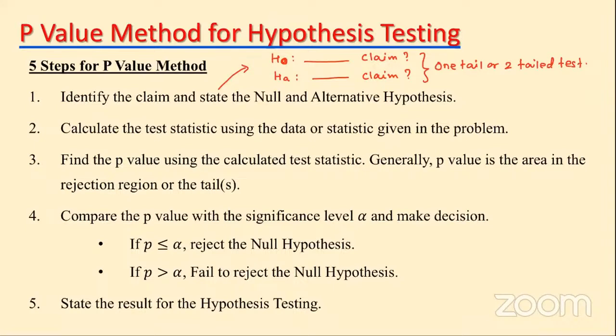That is something you have to make ready in your first step. Read the problem, write the null and the alternative hypothesis, decide what the claim is, and then find out whether you are doing a one tail test or a two tail test, and using what method. Of course, in this one we are doing the p-value method, but later on, you should also be able to determine which method you are using.